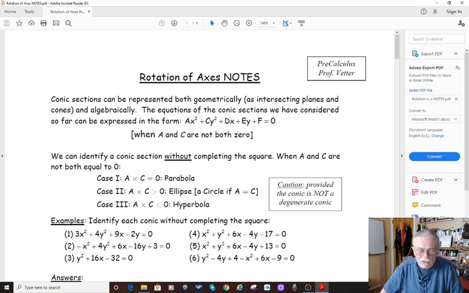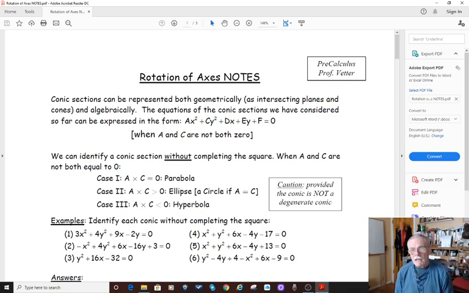We would get a circle, ellipse, parabola, hyperbola, and if the intersecting plane went through the nappe, meaning the common point where the two cones met, then you would get something called a degenerate conic, which would be a point, a pair of lines, a single line, things of that type.